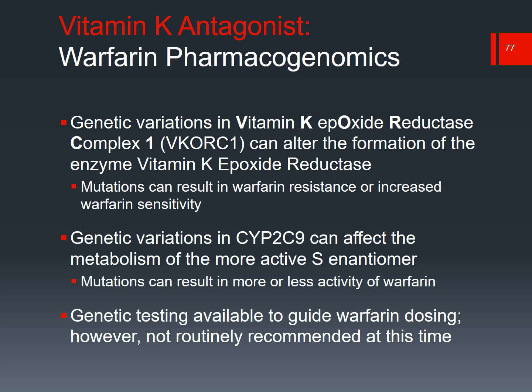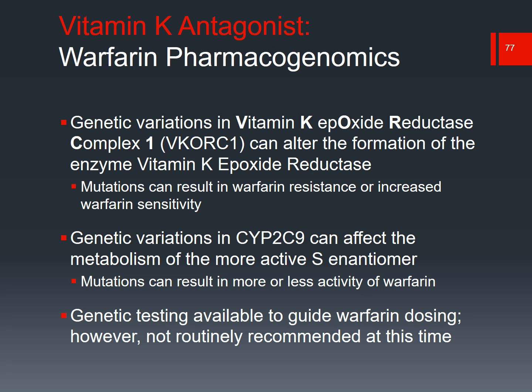Pharmacogenomics is a newer area of concern, and you've learned this already with Dr. Rollins. He talked about different pharmacokinetic and pharmacogenomic interactions with certain drugs, and warfarin is the most commonly used example of a pharmacogenomic interaction. There are variations in VKORC1, which is the genetic makeup of our vitamin K epoxide reductase complex.